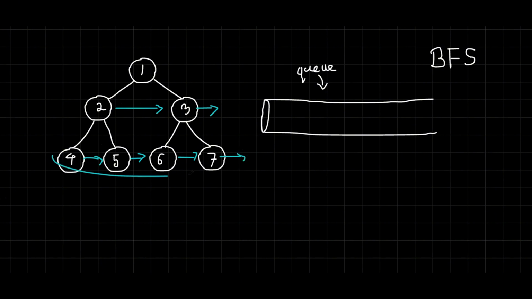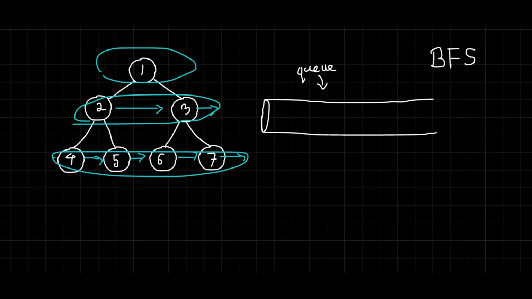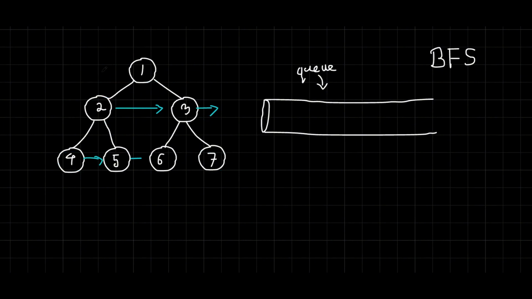So here, we are connecting the next pointers level by level. So in graph theory, when there comes a level, we will use the BFS. And to implement the BFS, we will use the queue data structure.